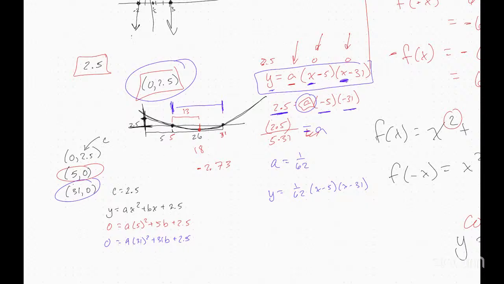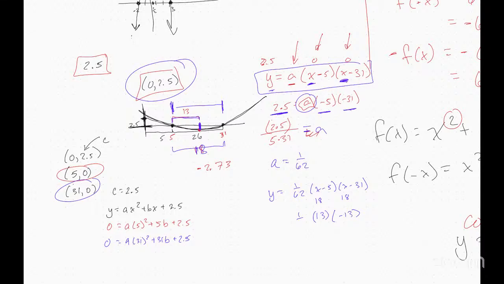That midpoint, the vertex, is at 18. So plug in 18 for x for both of these, and then solve for y. That would be 13 times negative 13 times 1 over 62.